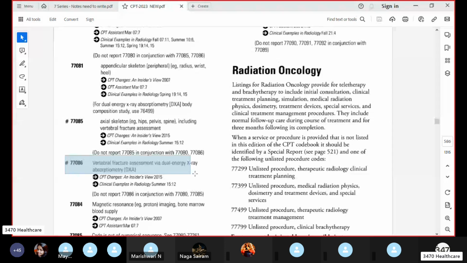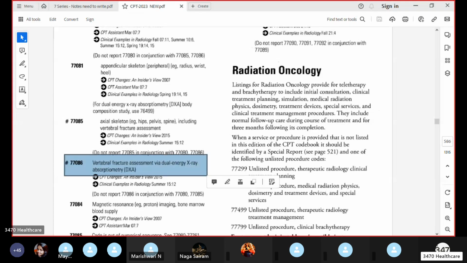You are looking the code 77086. DEXA spinal I said. So DEXA vertebral fracture assessment, or spinal fracture assessment. Your code is 77086. 77086 is the third one.